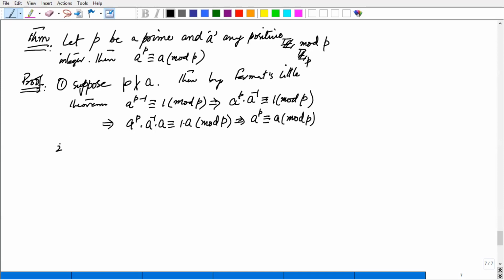Look at the second case. Suppose p divides a, then if p completely divides a, whether we write p or we write a, all of them are congruent to 0 modulo p.